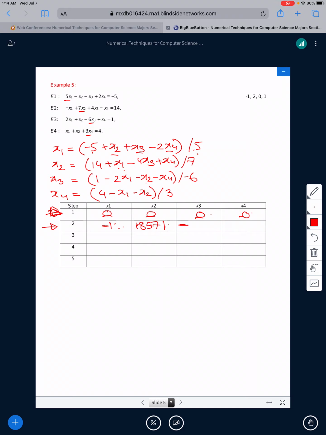Okay, so I got it. And then when I am calculating x3, I will use these two and the previous x4, and then when I calculate x4, I will use all the new values, right? So when I have calculated this step, I will do the same thing on the next step.